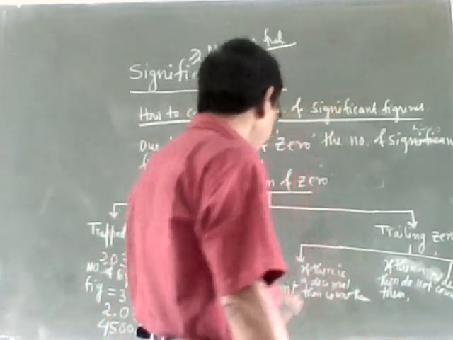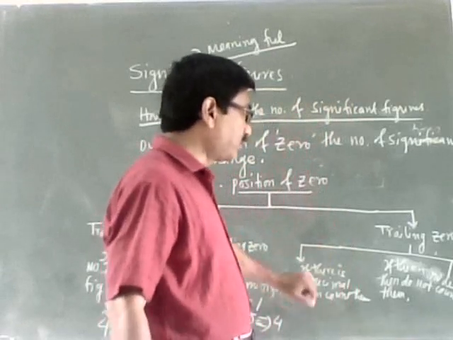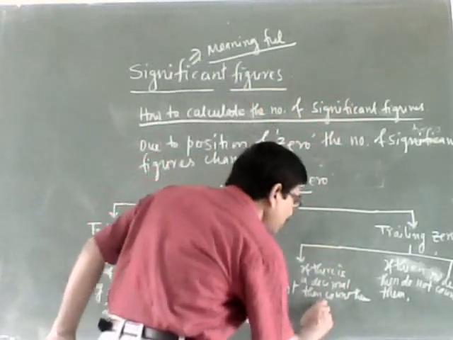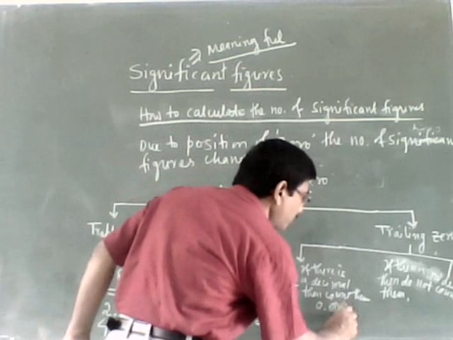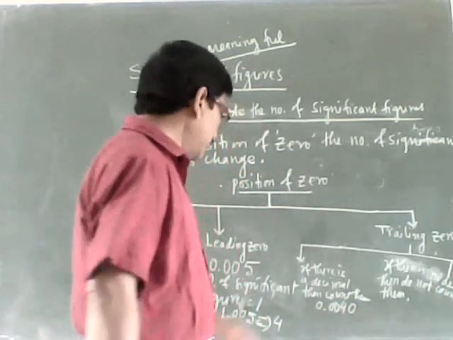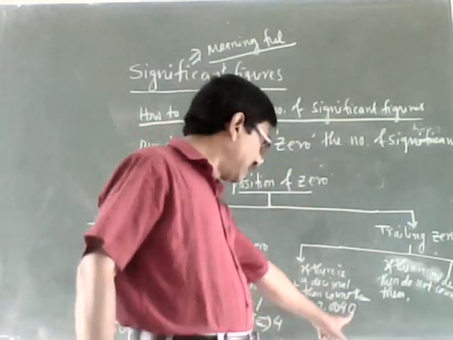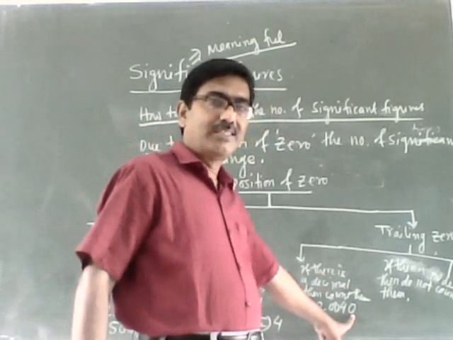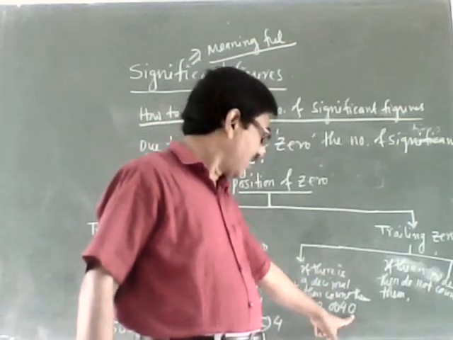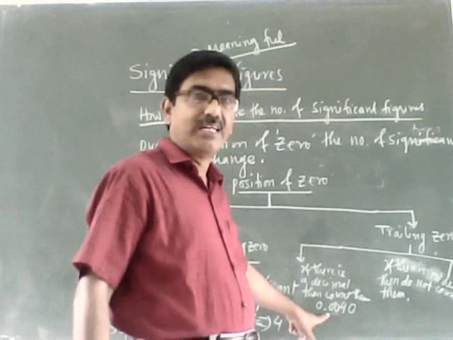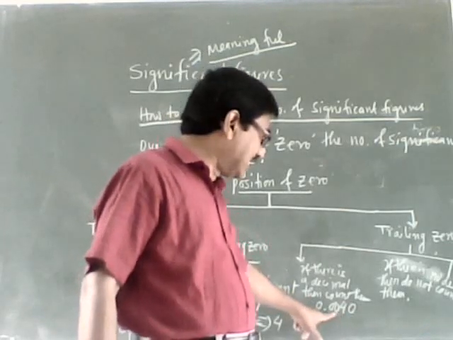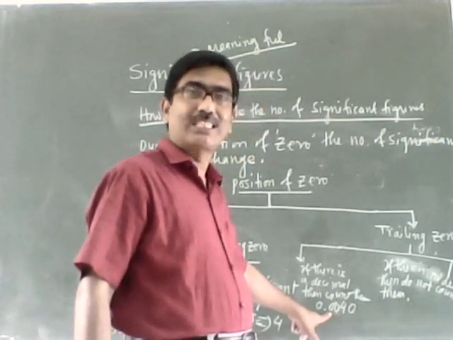For example, here now trailing zero. What will be the example? Now suppose 0.0040 with decimal. If there is a decimal, here this zero is trailing zero, or these zeros are leading zeros. So you know that leading zeros are not significant.